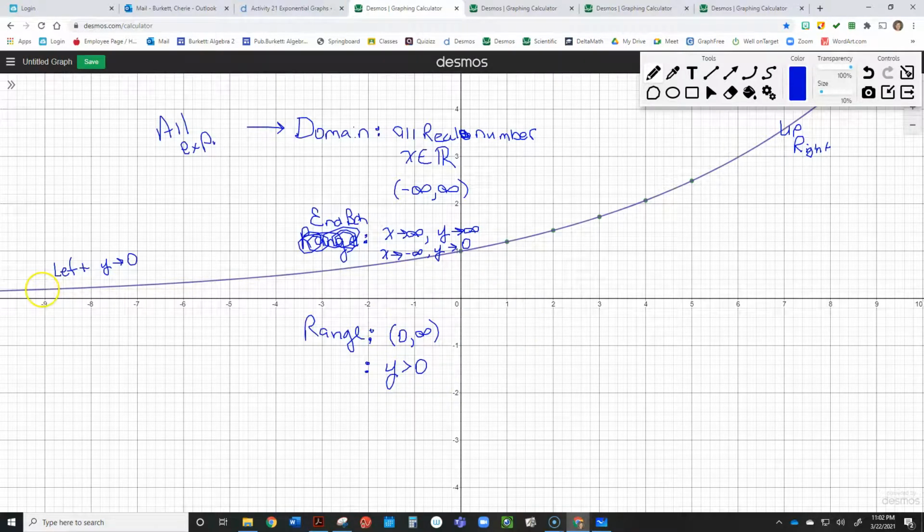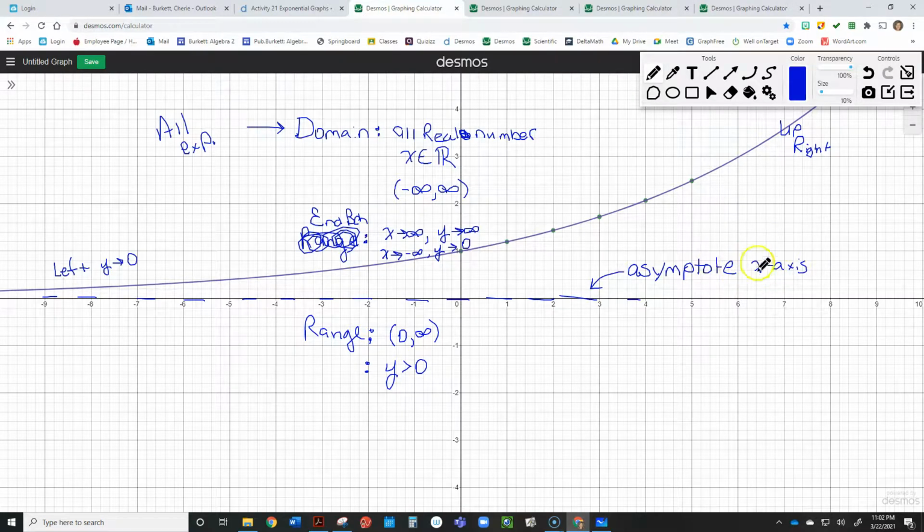And this axis that we were talking about right here, that place that my graph approaches but it never really touches, that thing has a special name, and it's called an asymptote. Asymptote. So every exponential graph has an asymptote, and in this case, the asymptote is the x-axis.